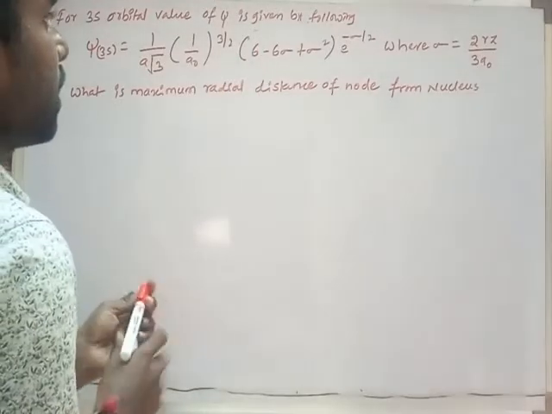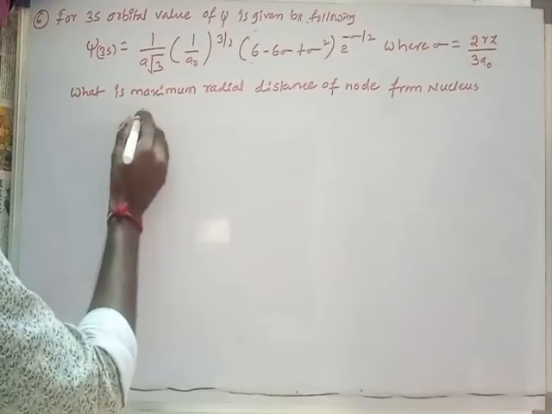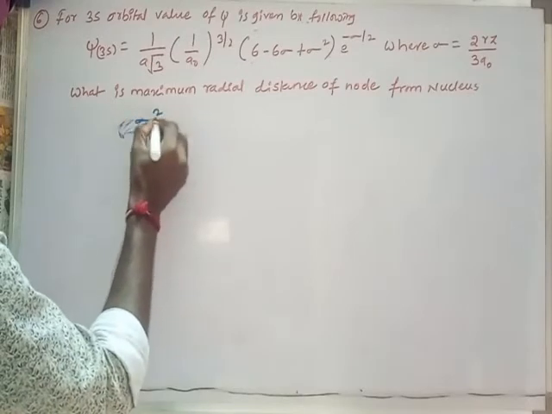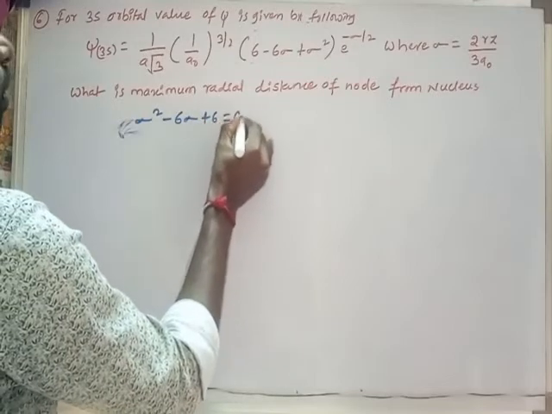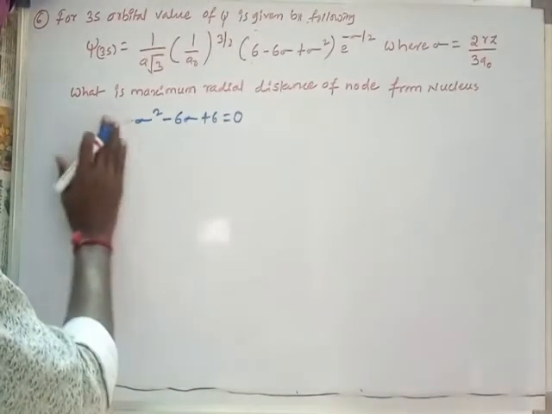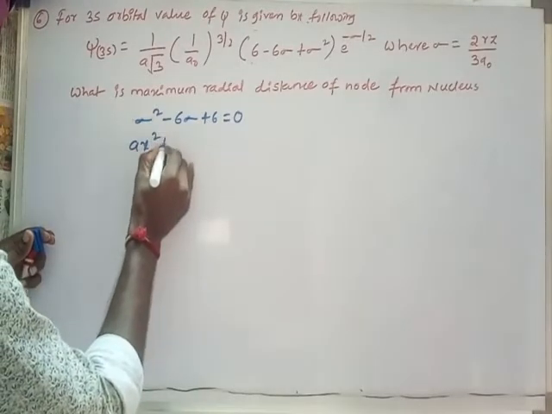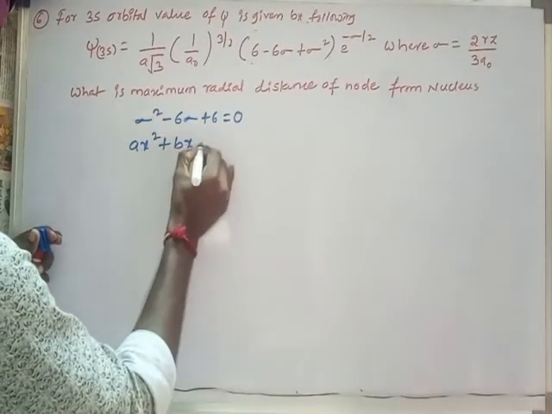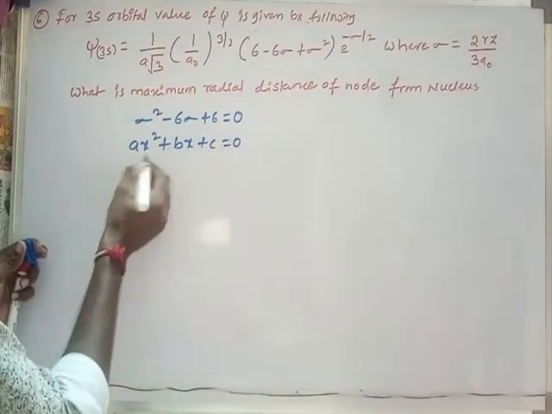Next, what is there here? Here sigma square minus 6 sigma plus 6, it is equal to what we can write, psi equal to 0. From this, it is in the form of ax square plus bx plus c, it is equal to 0. Now it is quadratic equation.